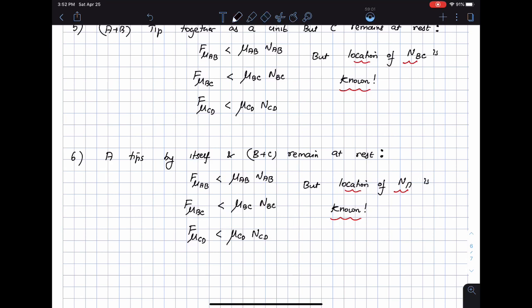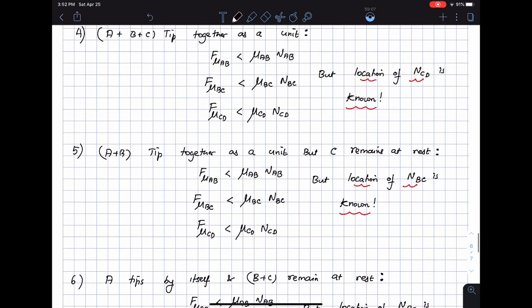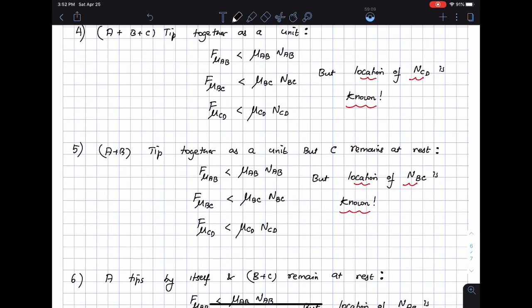It is going to be at the rightmost corner point between A and B. This is going to be at the rightmost corner point between C and D. So maybe I should make a statement: this is at the rightmost corner point between C and D, and maybe I'll just copy this and bring it to the rest of them as well. This is at the next situation, the rightmost corner point between B and C.